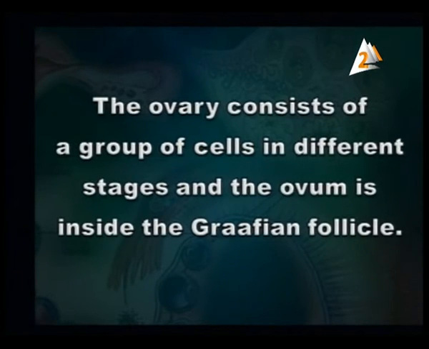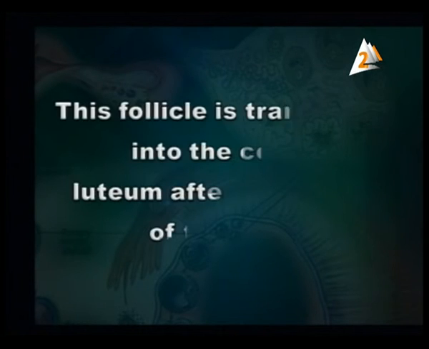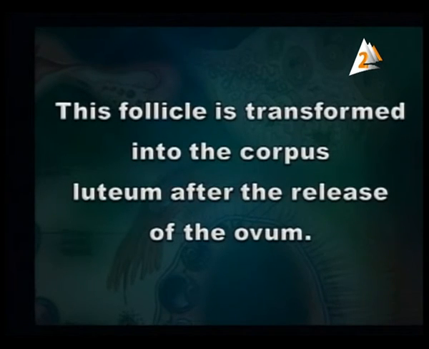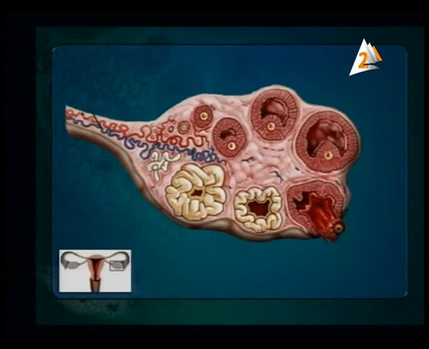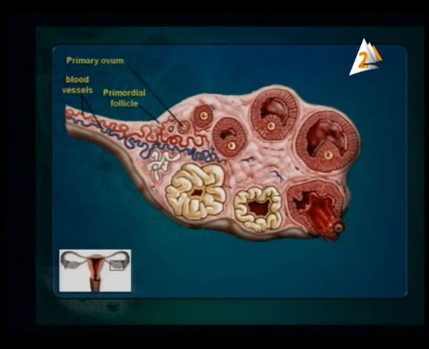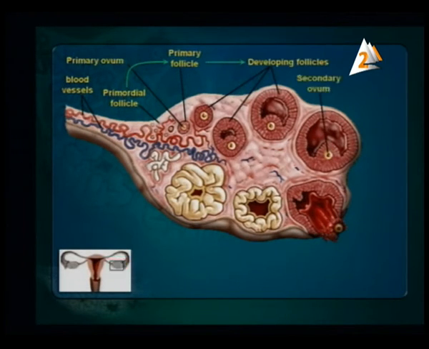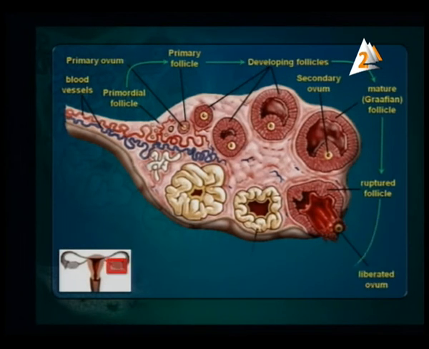This follicle is transformed into the corpus luteum after the release of the ovum. Look at the diagram here: you find the different stages of the cells, the ovum once it is released, the Graafian follicle, and the corpus luteum appears.